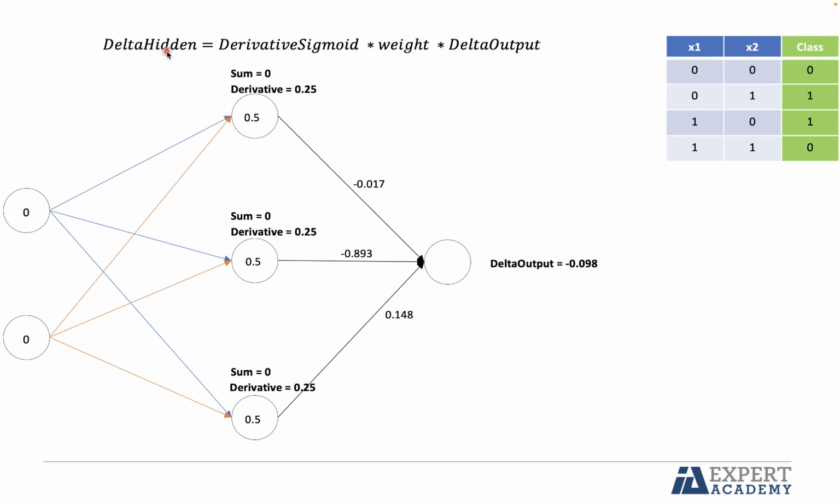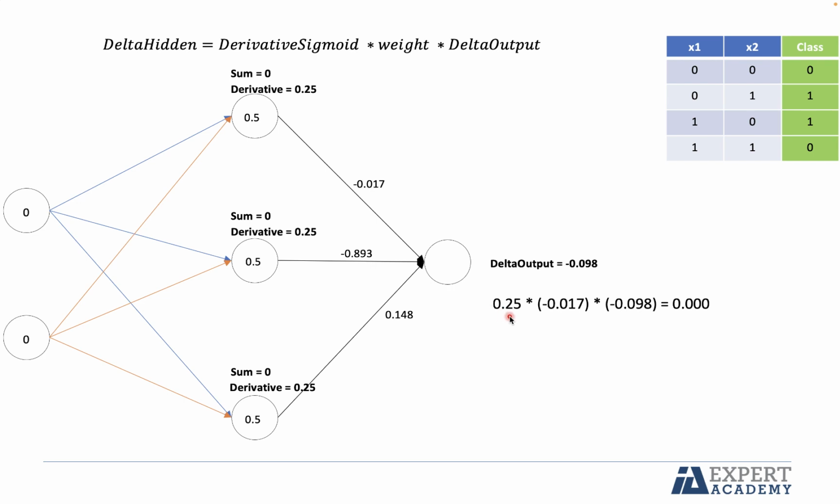Delta of the hidden layer equals the derivative sigmoid times the weight times the delta output. So we can get the derivative sigmoid. Just a reminder that we send the sigmoid value to the derivative equation, and we will get as a result 0.25.